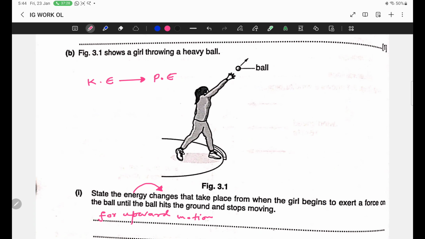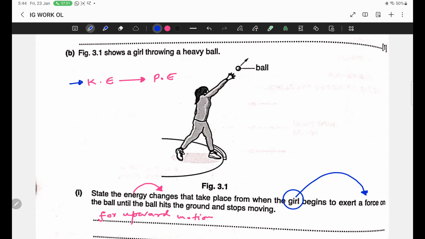But I am asking a question: when the ball is thrown in upward direction, the girl exerts a force. So you have to start the energy from the girl. So I am asking you which kind of energy the girl possesses.